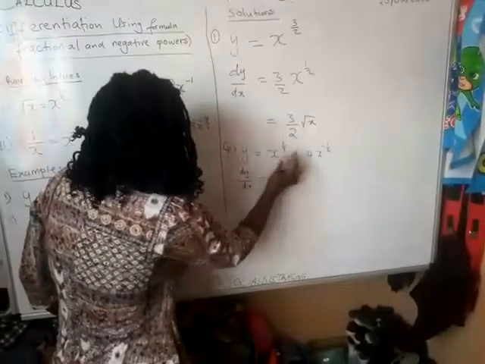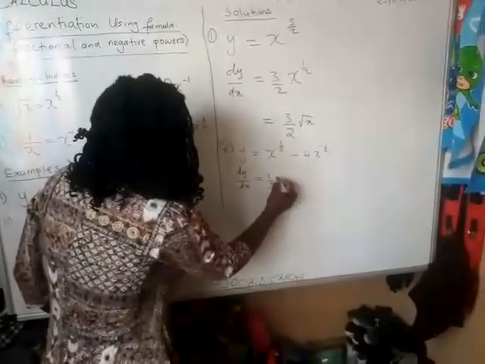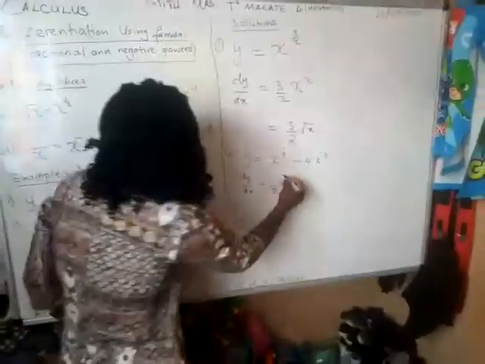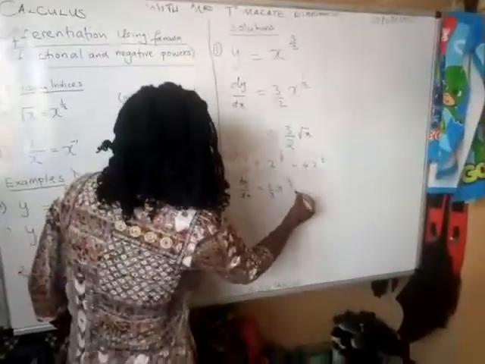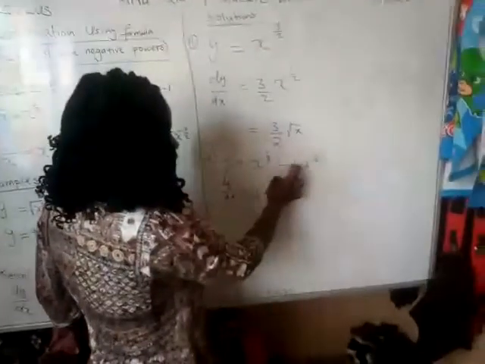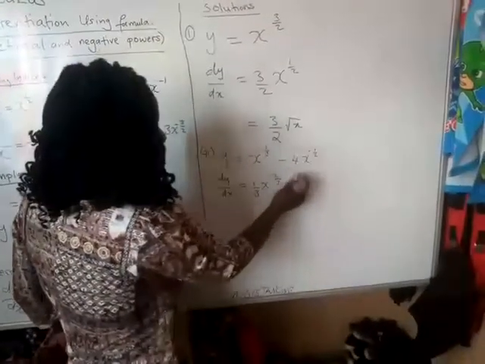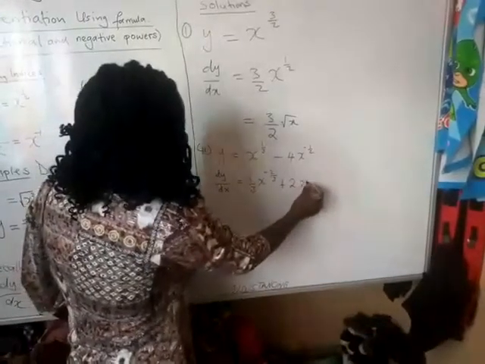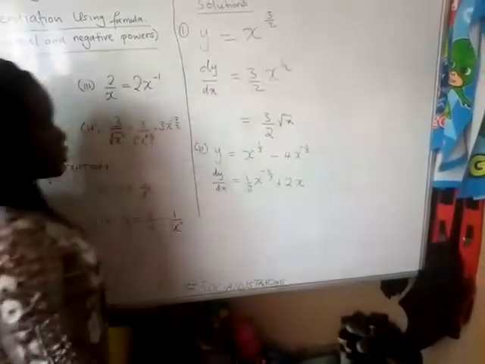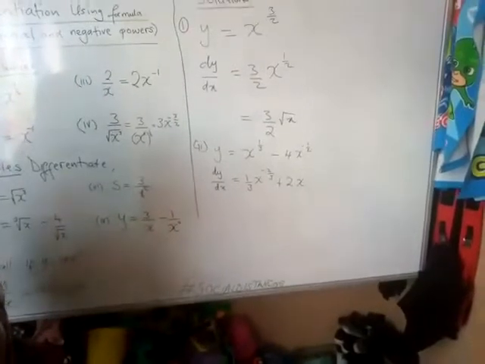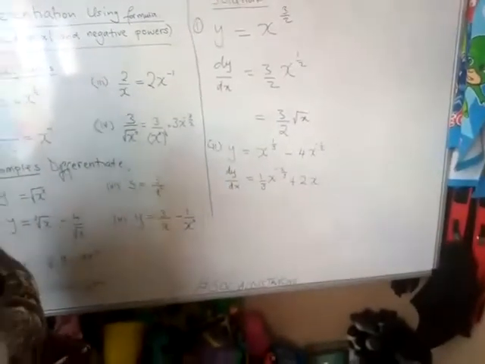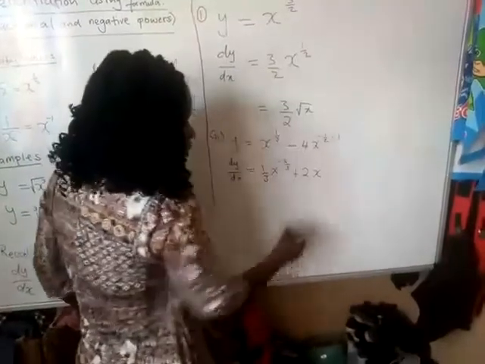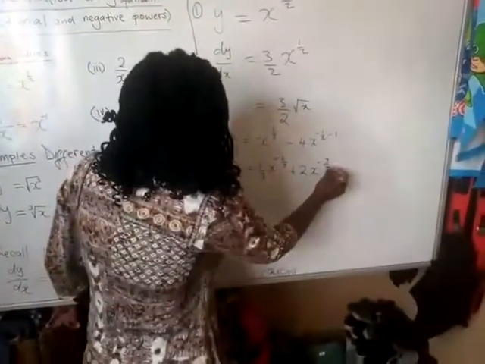The coefficient times the power is just 1 over 3 x. 1 over 3 minus 1 will give us minus 2 over 3. Negative times negative will be a positive, and 4 times half is just 2 when you have x. When you do 1 over 2 minus 1, you're going to have minus 3 over 2.